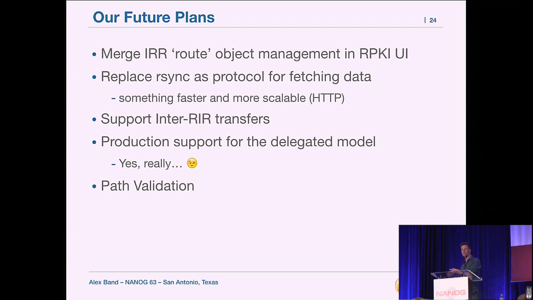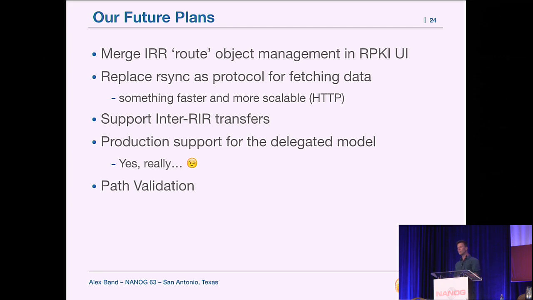So those tabs that I showed you, we could essentially just add a fourth tab, say, route objects. And you could just manage all of your route objects from exactly the same place. Or it could be as simple as adding a single check mark saying, create matching route object for this ROA, or even the other way around. So there's lots of options of playing with that.